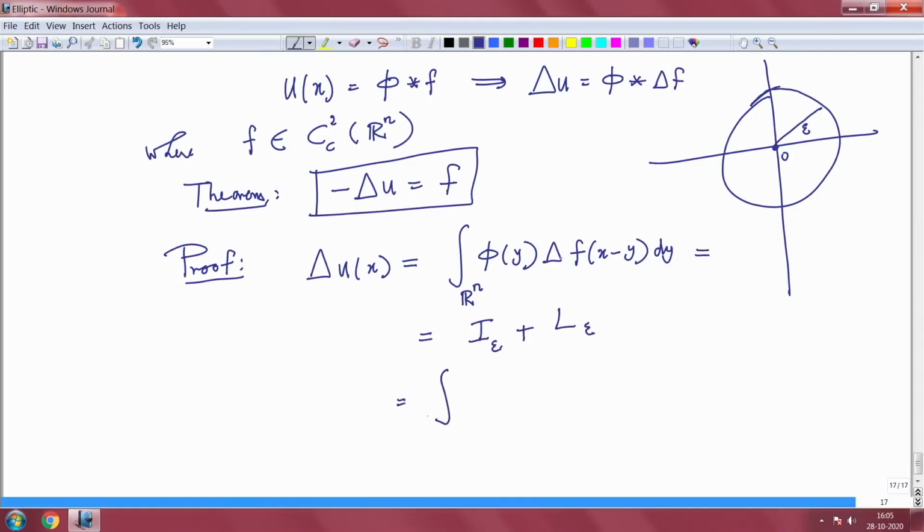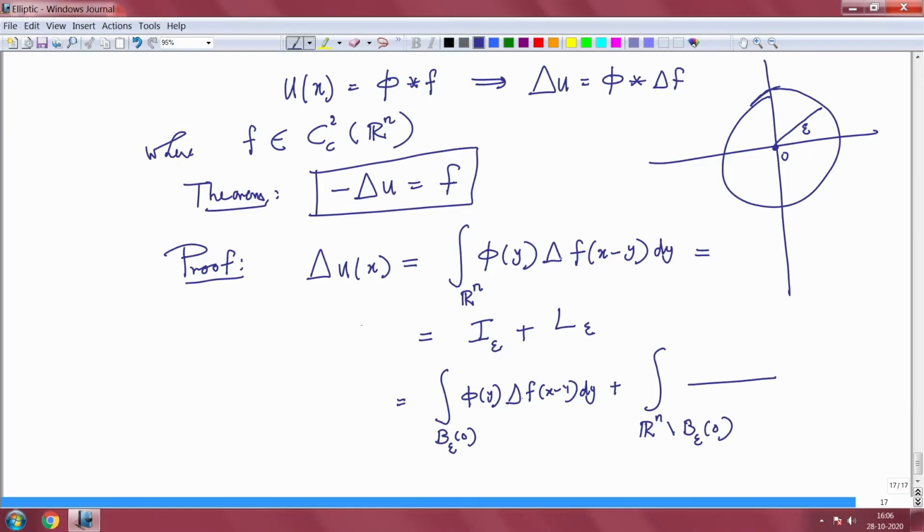That is the integral over B_epsilon of 0, where the singularity issue is, so I want to get rid of the singularity slowly: phi of y Laplacian of f of x minus y dy. L_epsilon is the same term, but outside, over R^n minus B_epsilon of 0.